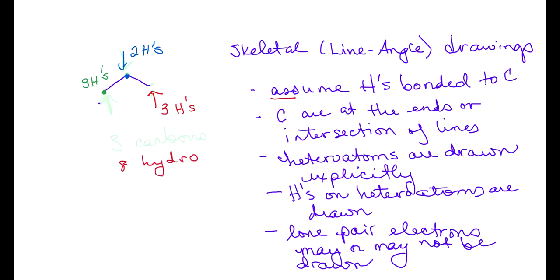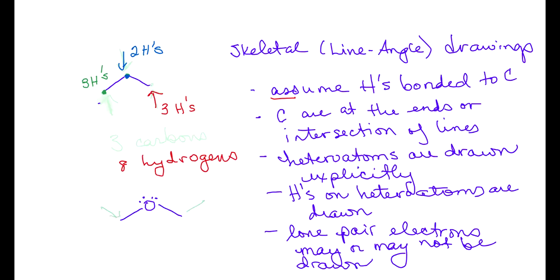Let's draw something that has a heteroatom in it. Okay, I'll draw my lone pairs because that's my preference, but you'll sometimes just see it without the lone pairs. There are no hydrogens on this heteroatom. I have one carbon here and one carbon here.